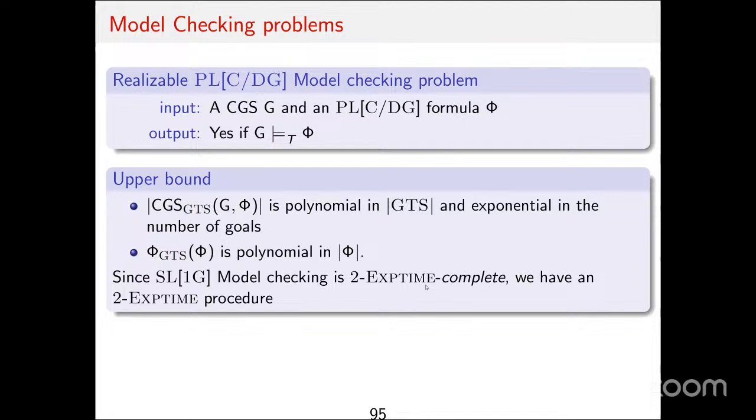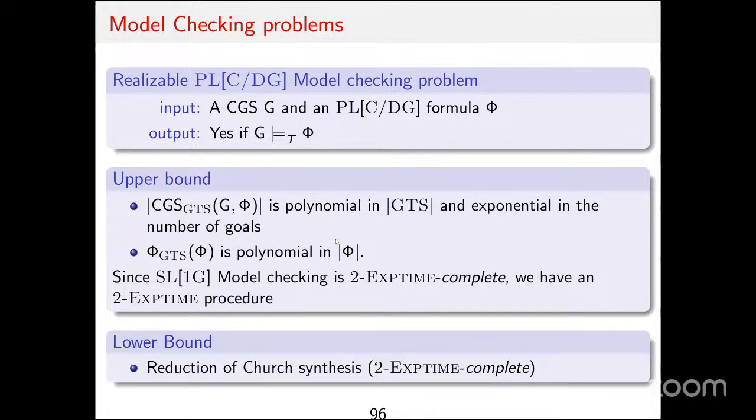The two exponential is on the side of the formula because the game, once we fix the formula, so we fix the number of goals, everything is polynomial, right? So with church synthesis, we have the completeness of two exponential.